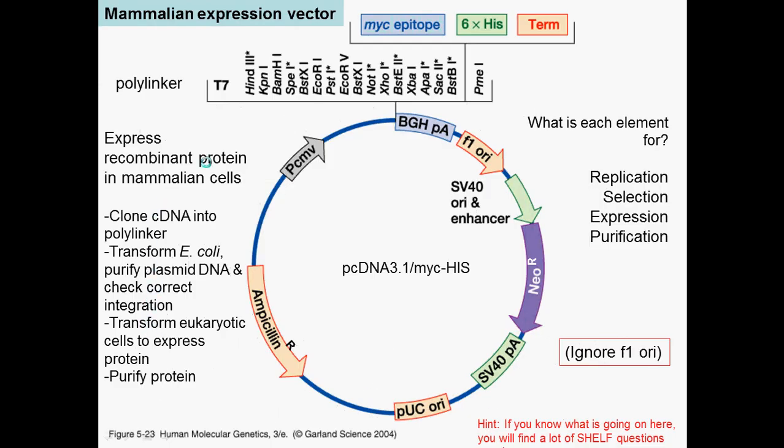So here's a picture. So this is the promoter for the gene of interest. That's your gene of interest here. It's going to cut here with these different restriction enzymes. And then you're going to have these two proteins that are going to help you isolate the protein once it's made. You have the MYC epitope and the 6' cysteine.